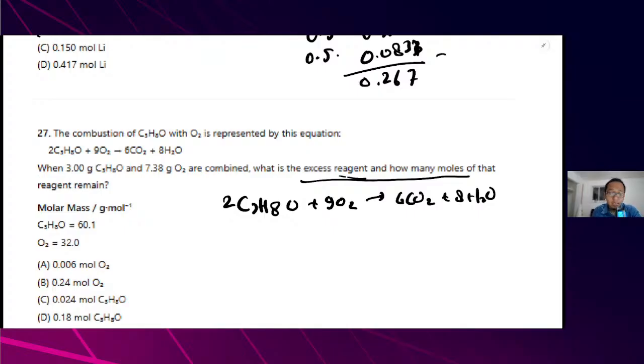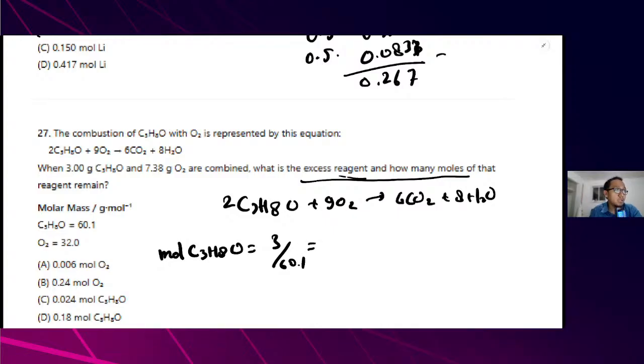What is the excess reagent? Still the same, we need to determine the limiting reactant again. So we put in 3 gram over here for this one. However, we need to find out the moles. Moles of C3H8O is 3 over 60.1.